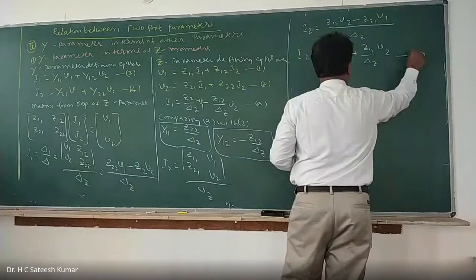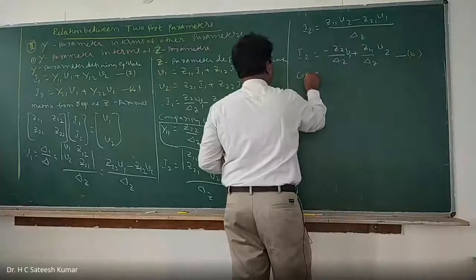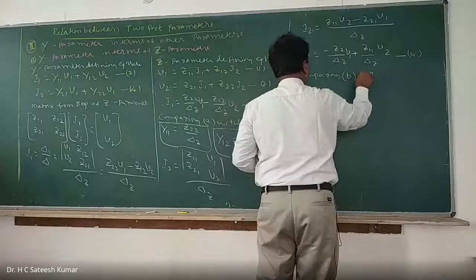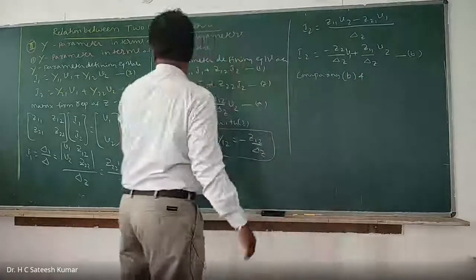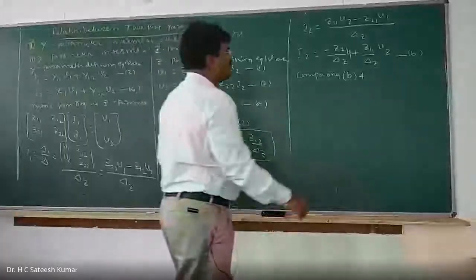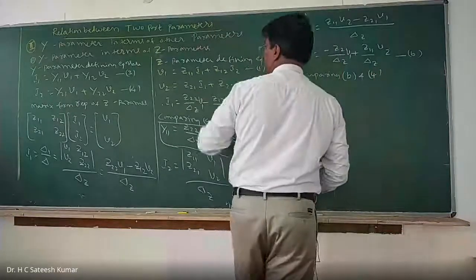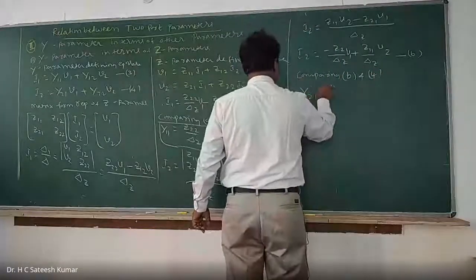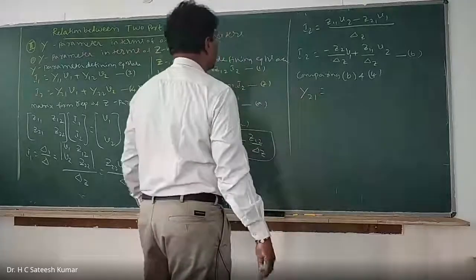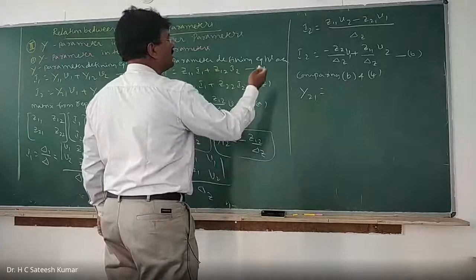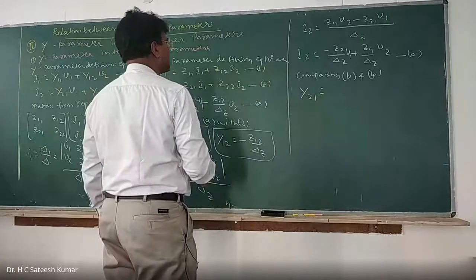Call this as equation number B. Comparing B and what is that we have? I2 equation number 4. I2 B and 4. What will you get? What is that we have? Y21 is equal to, what? Y21 is equal to, in place of that, what is that? You can write it.